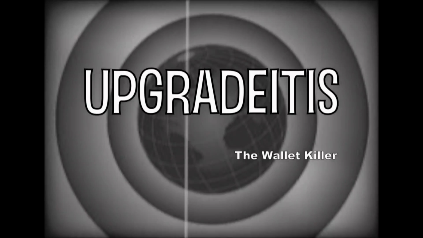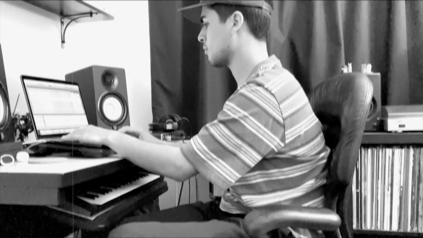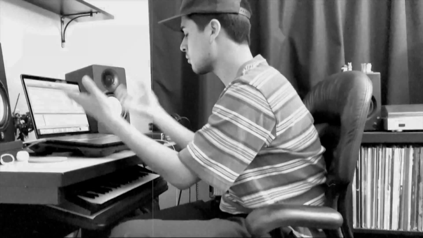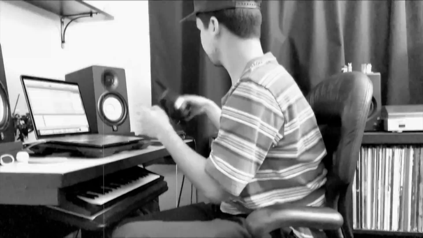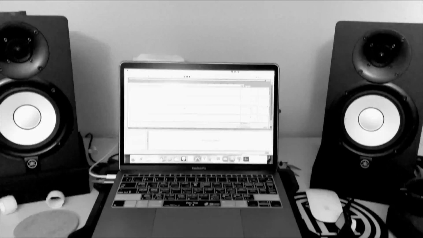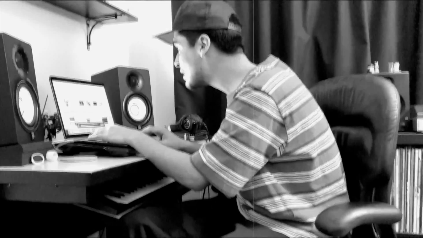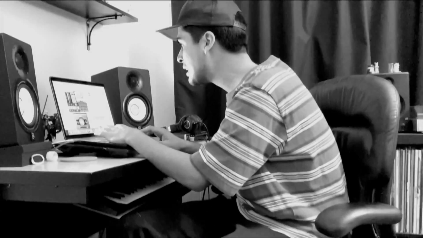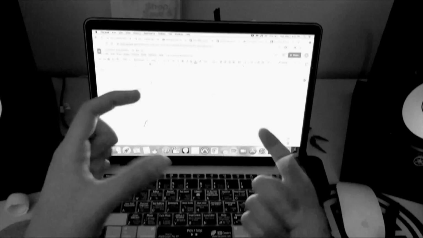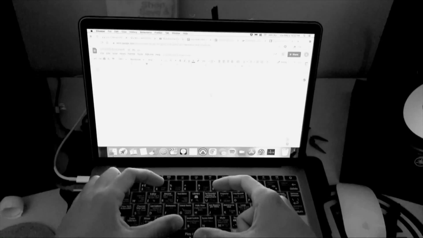Upgraditis, the wallet killer. Upgraditis affects those who do not take the correct precautions when informing and buying themselves pieces of audio gear. Wow, what are the symptoms of upgraditis? Well, Johnny, here are some helpful signs you and your friends should look out for. Irritability towards gear. Anxiousness to complete projects. Restlessness due to constant online window shopping. Cramped hands and credit card holding position. Gee whiz, what can cause upgraditis?